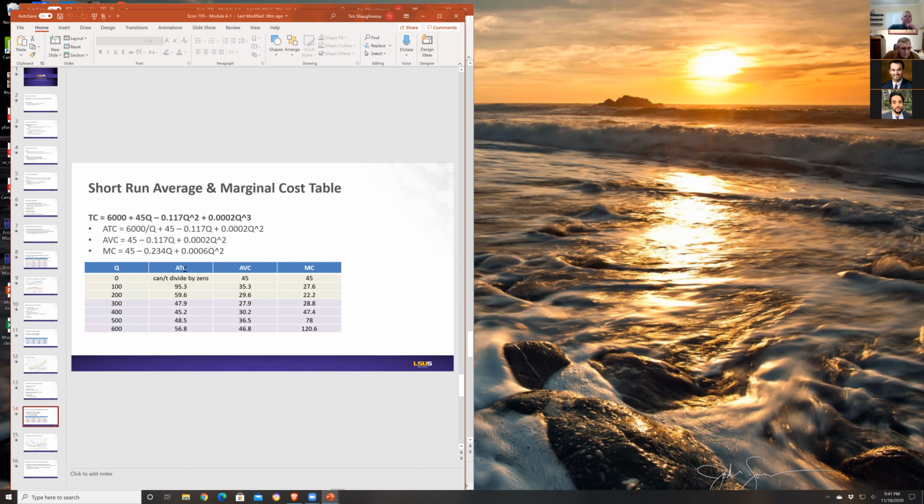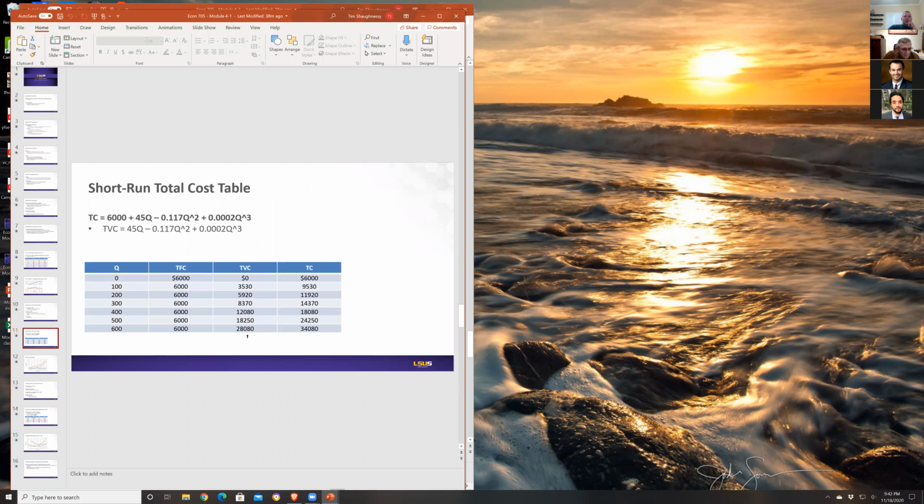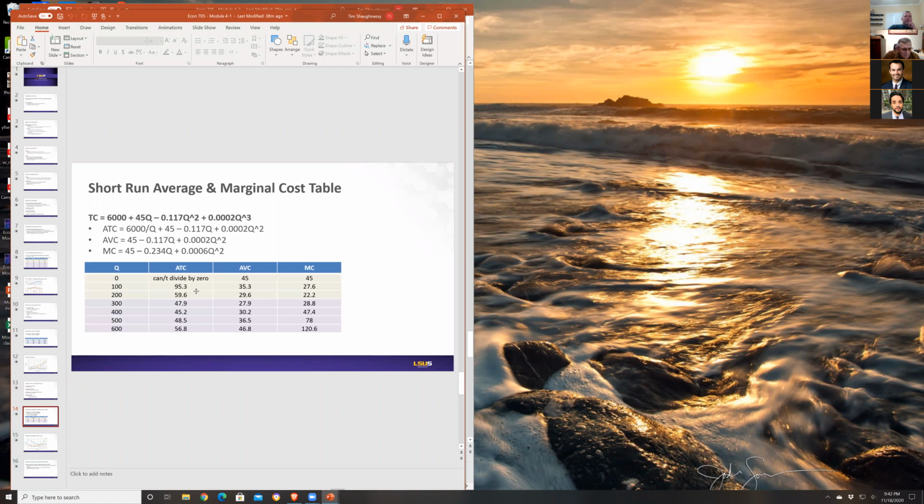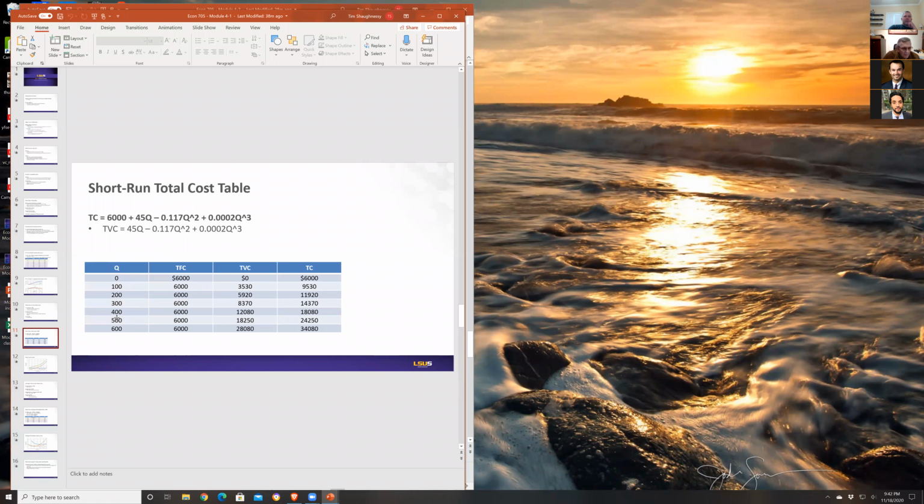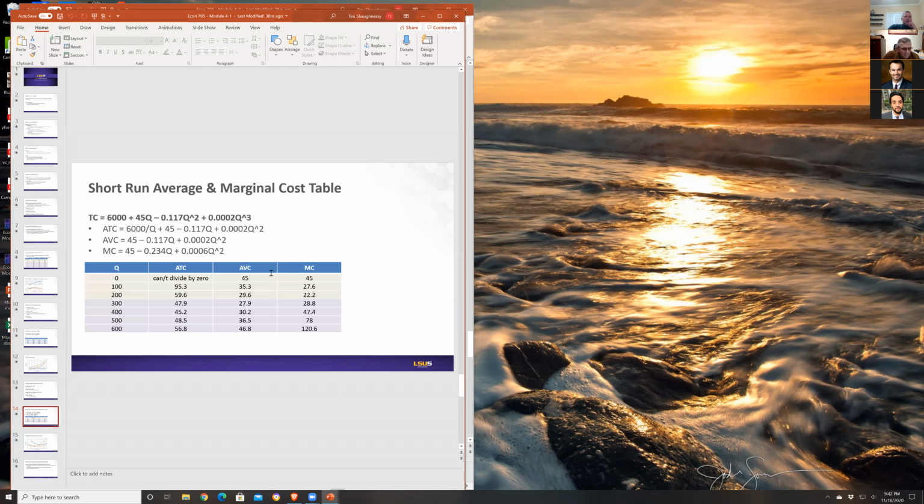If you know what your total costs are, and you know your Q, you can figure out average total cost. It's just your total cost divided by Q. If you know your total variable cost, then you can calculate the average variable cost by taking TVC divided by Q. And if you know an equation for marginal cost, like I gave you here, then you can figure out the marginal cost columns too.